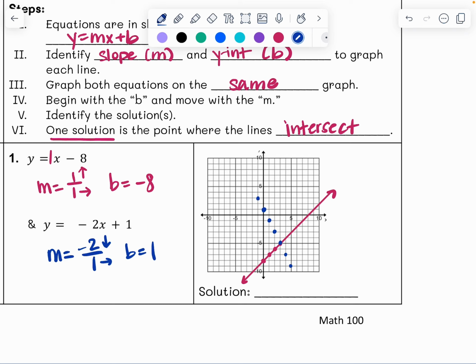So use your slope to plot your points several times to make sure that your line is going straight, because if your line is even a little bit off, you're going to have a hard time determining where they actually intersect. So my solution is this point here, 3, 5. Sorry, that's 3, negative 5.